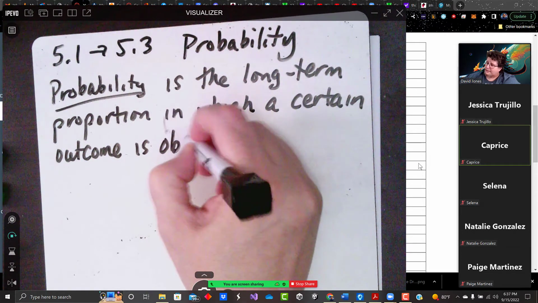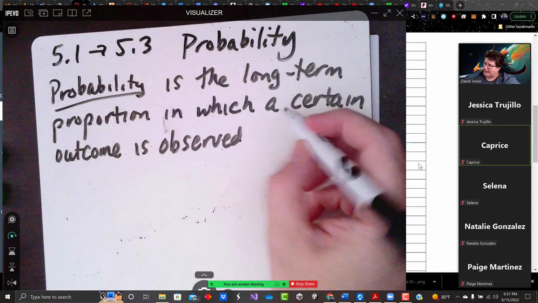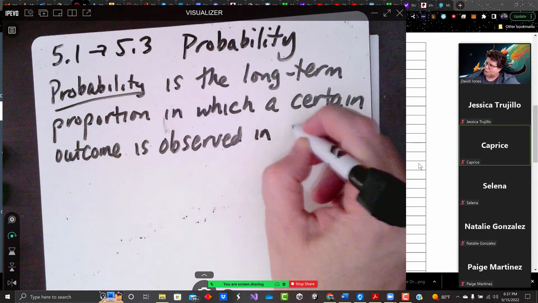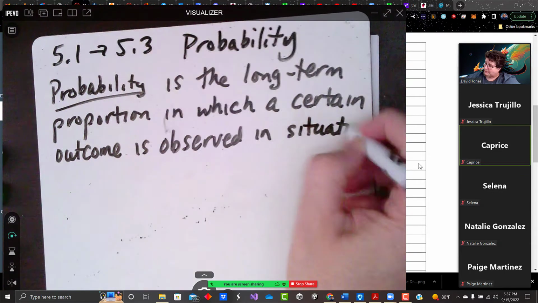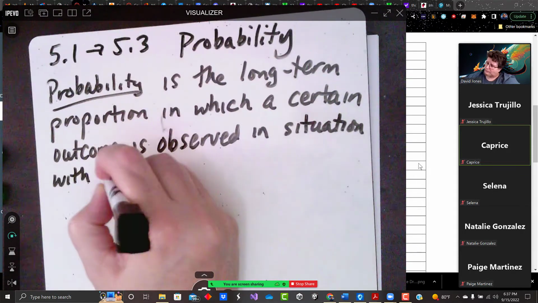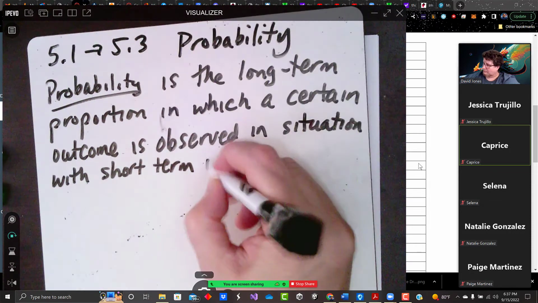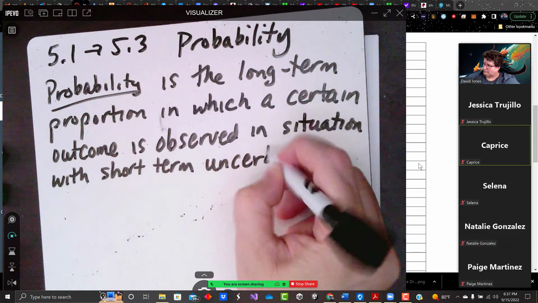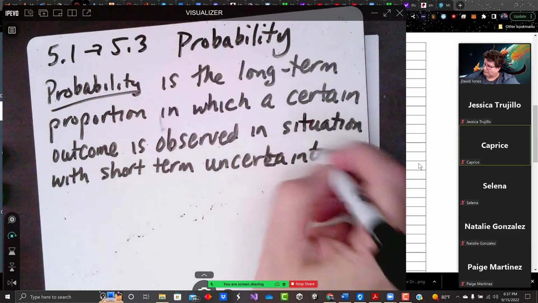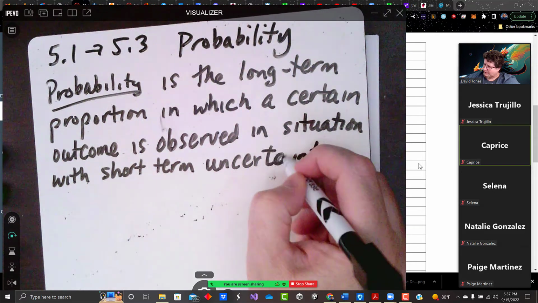If we see the outcome, it's one of the things. And it's got to be in situations where there's short-term uncertainty. And I'll give you a second to write that down.